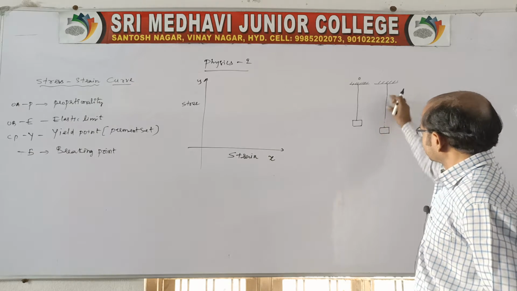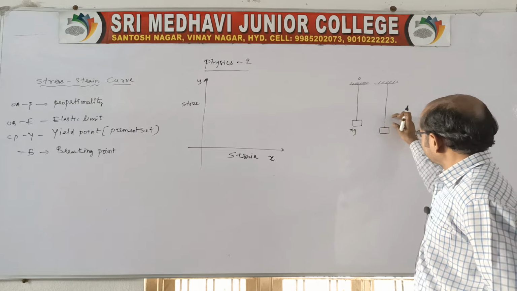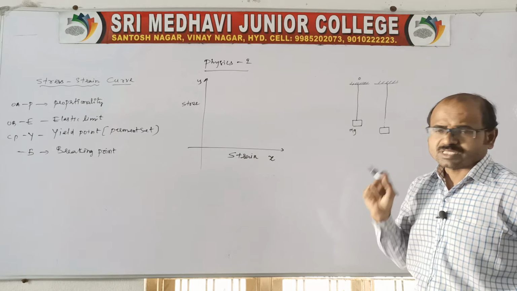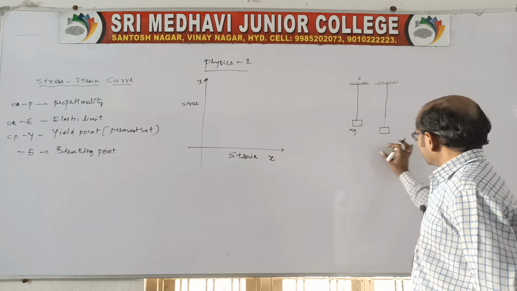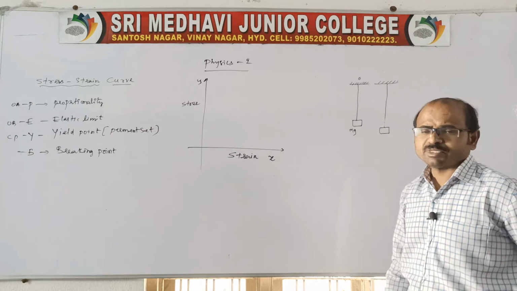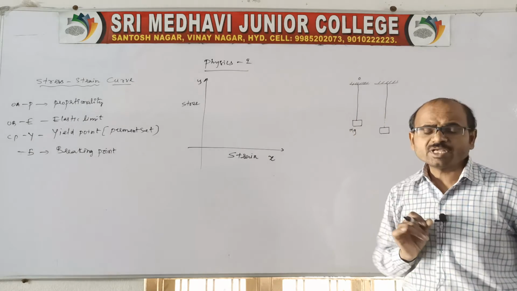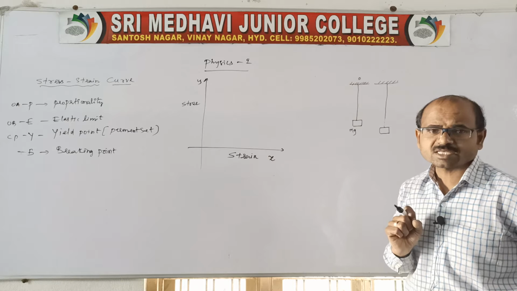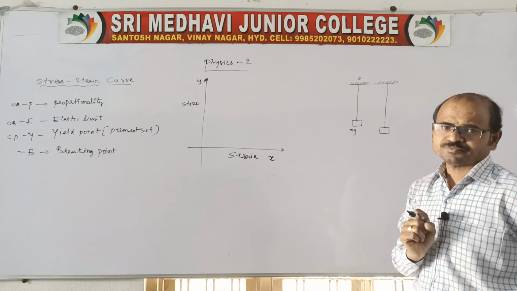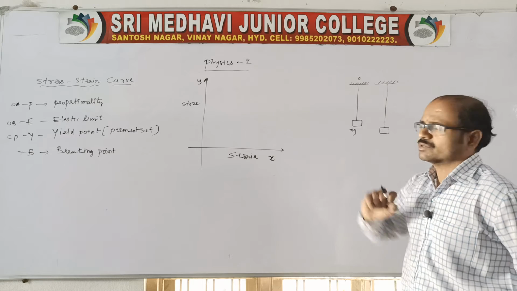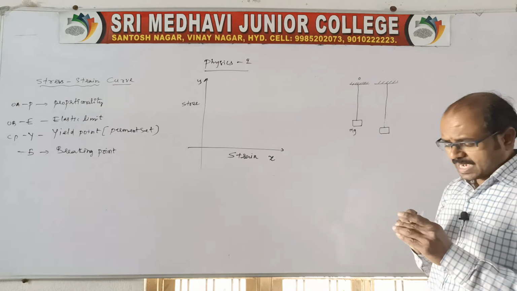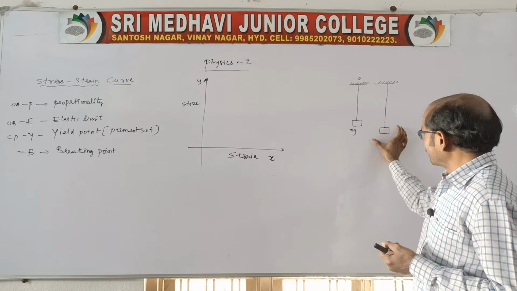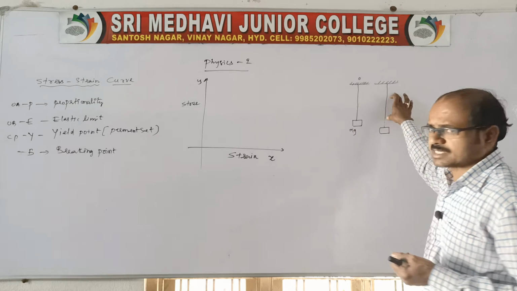That means when the deformation is removed, that is, when the weight is removed, the body regains its original size and shape. A body which regains its original size and shape we call an elastic body. Of course, now we are talking about elastic behavior only.